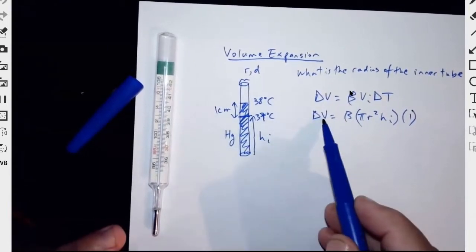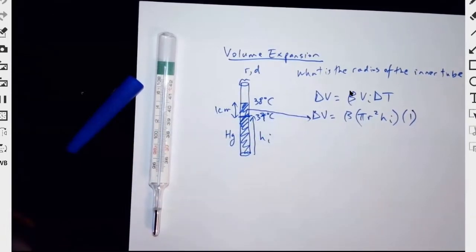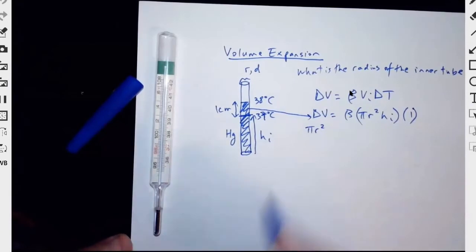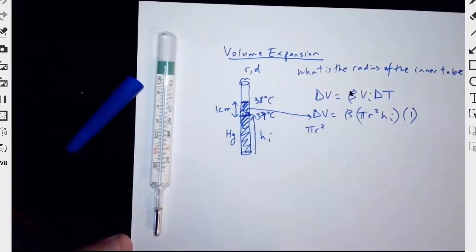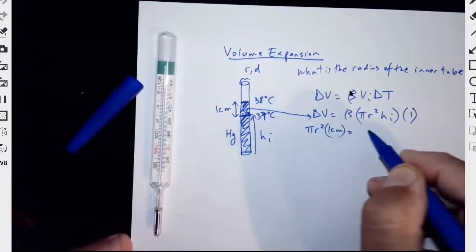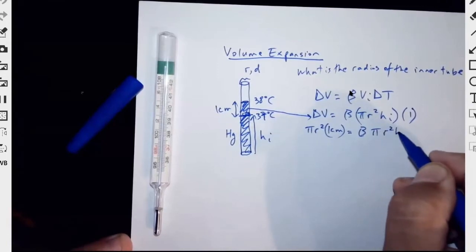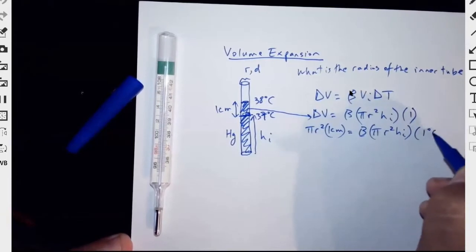And then what's delta V? Delta V is the volume of that portion. So what's the formula for that? Pi r squared times what? What would be the volume of that? Pi r squared times just 1 centimeter, right? This is 1 Celsius.